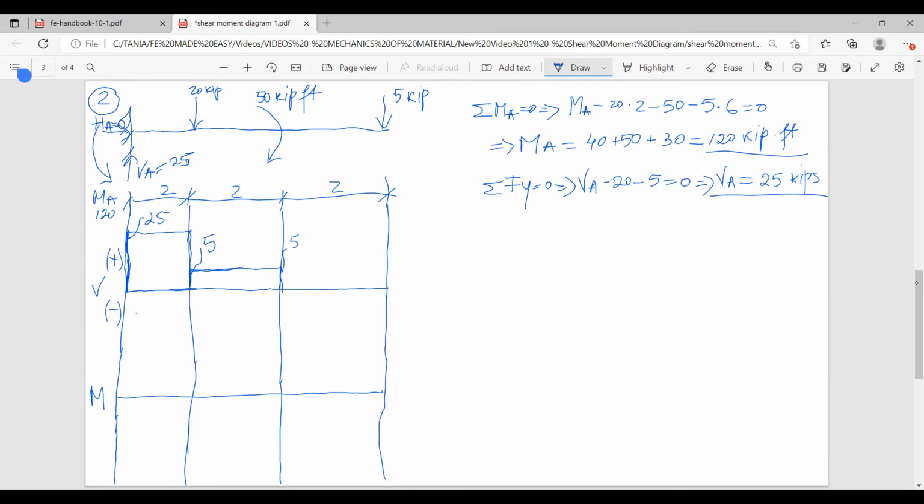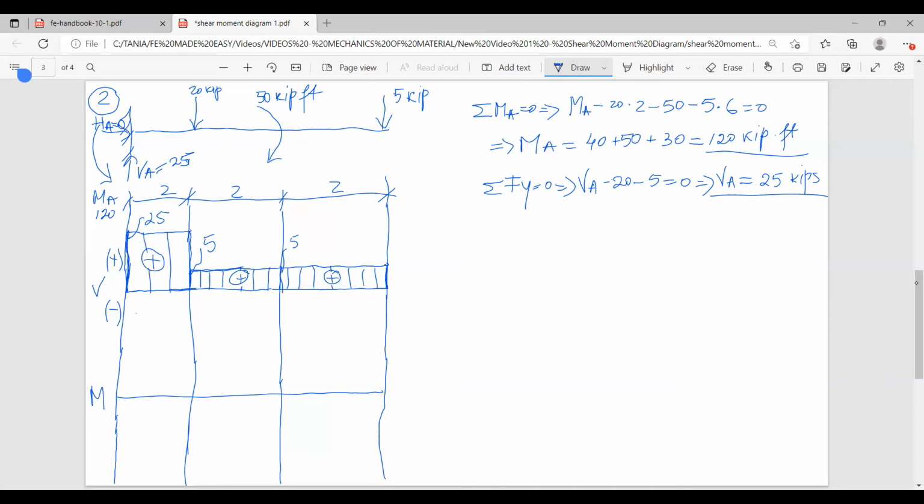So the next section is still going to be 5. It's constant. And I'm getting at this point and going downwards, the value of 5, which makes me end up at 0, which is perfect. This is a way for you to verify yourself if you drew the diagram correctly. You have to end up at 0.